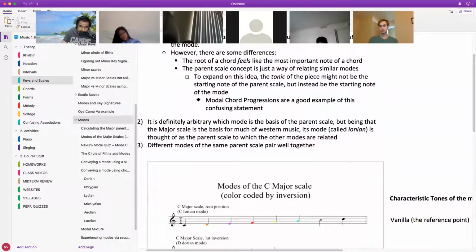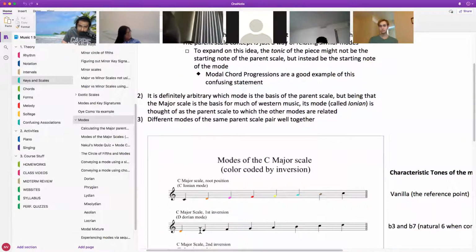At some level, you could actually build a piece in D Dorian mode, and D could be the tonic of the piece. So for instance, Greensleeves. So we'll definitely talk more about this.